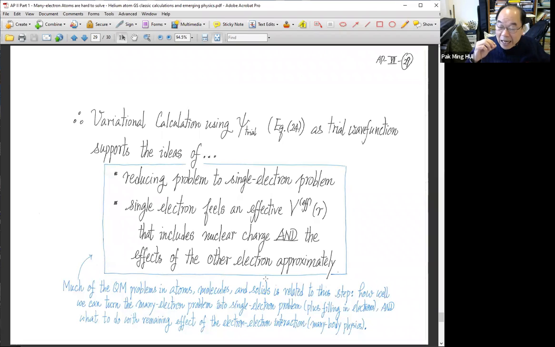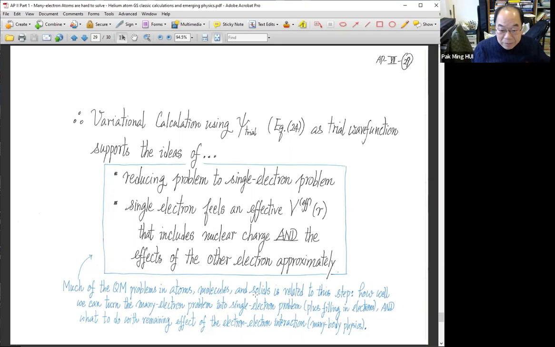So this is the educational value of these two exercises. First order and then the variational, they go conceptually along one line. Final remark: this idea of reducing a complicated problem into a single-electron problem, but including the other electrons' effect in an approximated way, is applicable to many problems in atoms, molecules, and solids.